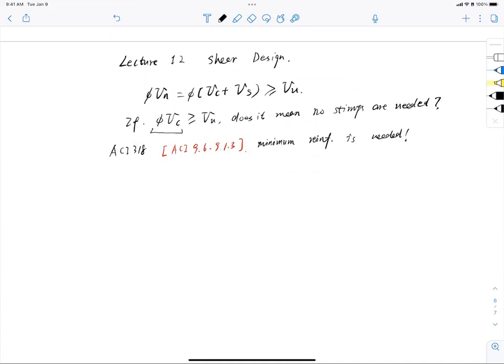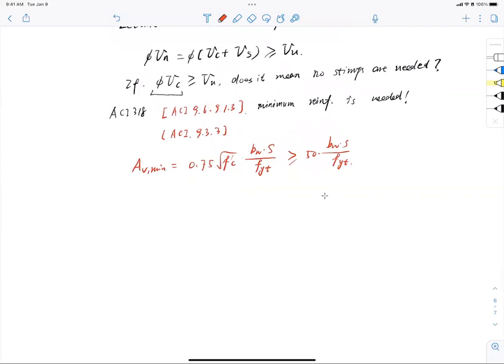And that is specifically in ACI 9.6.3. In ACI 9.6.3, you can see that Av,min, the minimum amount of reinforcement, equals 0.75 square root of f'c multiplied by bw s over fyt, and this whole thing has to be greater than or equal to 50 bw s over fyt.